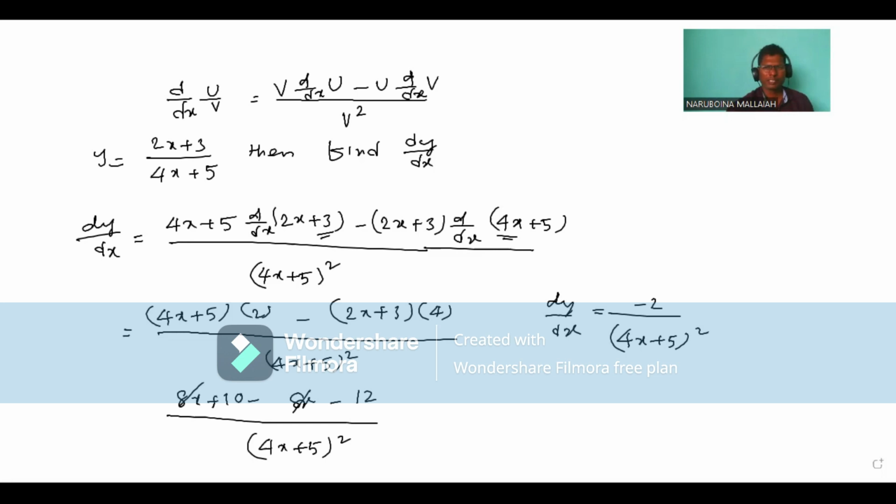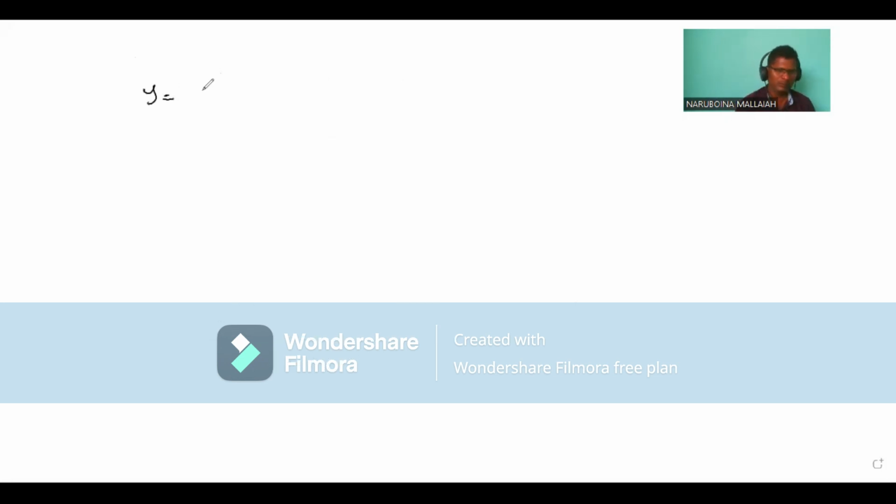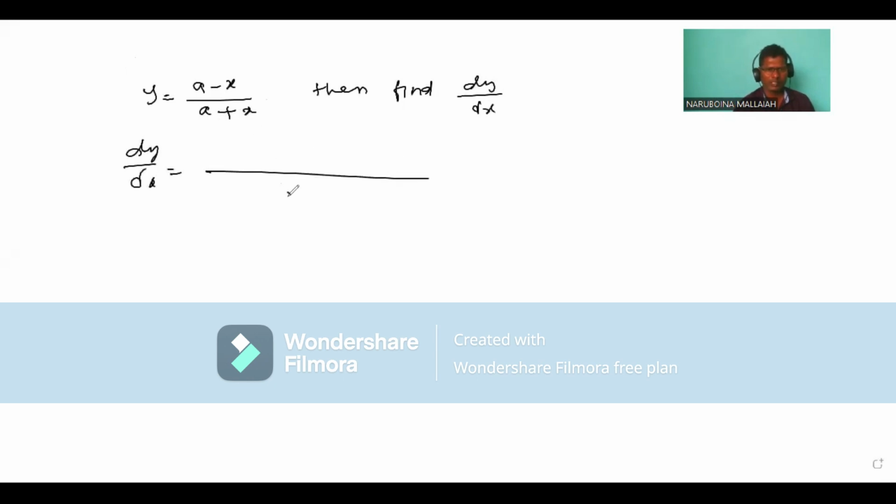Let's move on to the second question. Y is equal to a minus x by a plus x. Then find dy by dx. So here it is in fraction form, so we have to use the u by v form. Dy by dx is equal to, first write the square of the denominator.